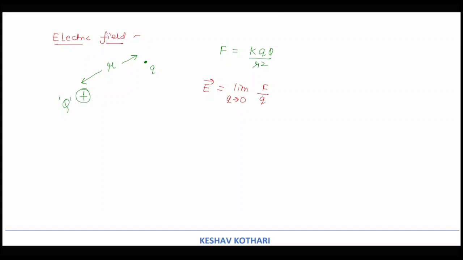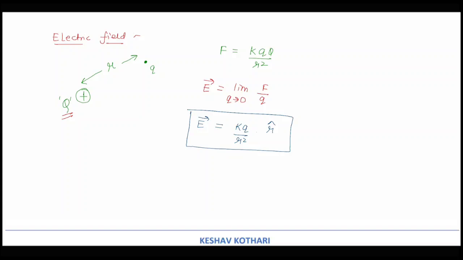So the electric field due to the larger charge, that is plus Q, can be calculated in this way, and hence we will end up writing that E equals kQ by r square r cap, where r cap is in the direction of the r vector, and the electric field is directed away from the positive charge.